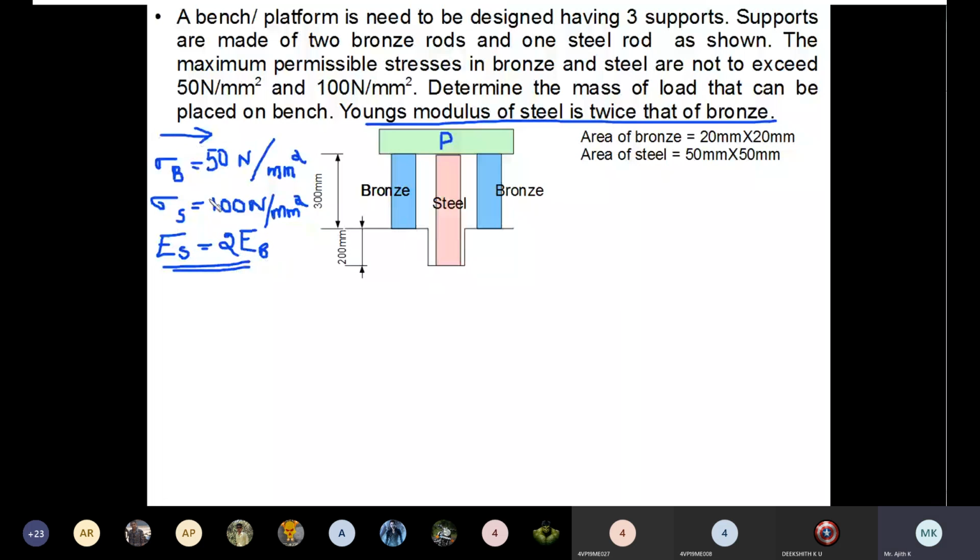So the same thing is given here. Steel can withstand a stress of 100 Newton per mm square because its Young's modulus is more, whereas bronze can withstand only 50 Newton per mm square because its Young's modulus is half that of steel. So if Young's modulus of any material is more, it can withstand more load or more stress.